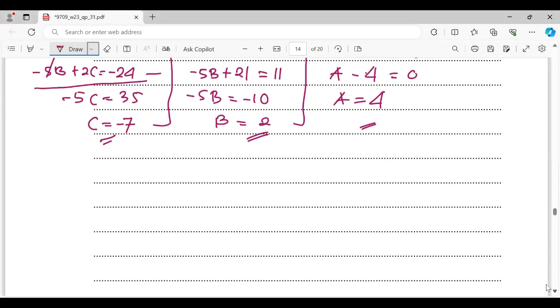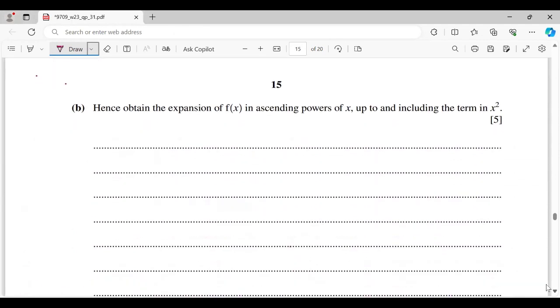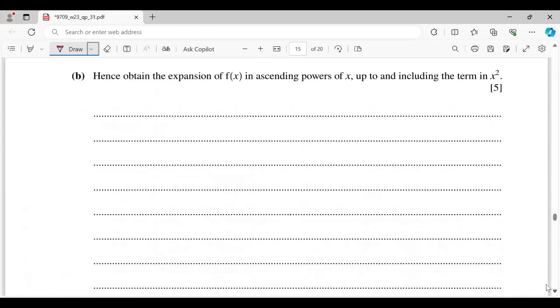Next, hence obtain the expansions of f(x) in ascending powers of x up to and including the term in x squared. Okay, I will expand one by one.